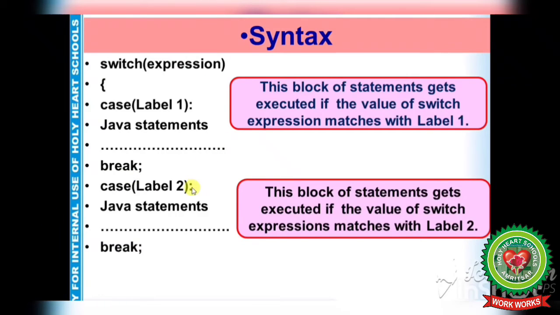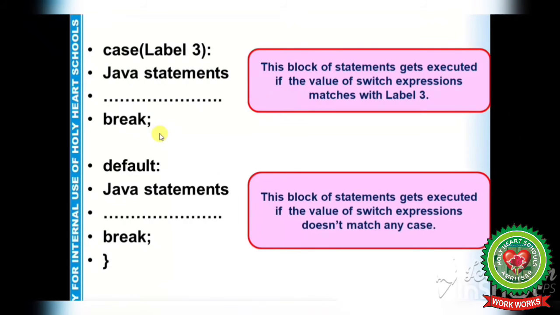Same condition will apply in case 2, case label 2. This block will execute if the value matches with label 2, and Java statement will display the output on the screen and then again break. You can apply multiple cases according to the requirement of the program, and then at the end you have to apply default.